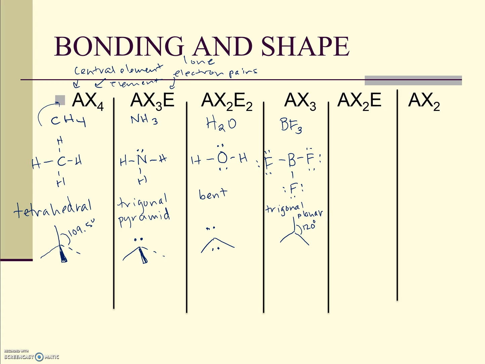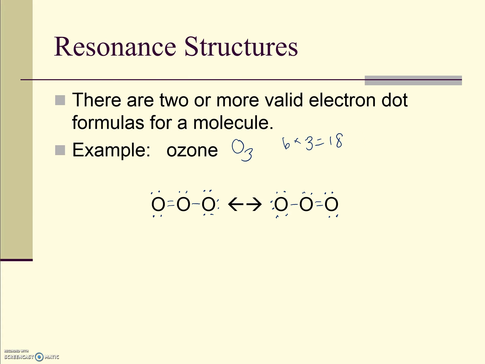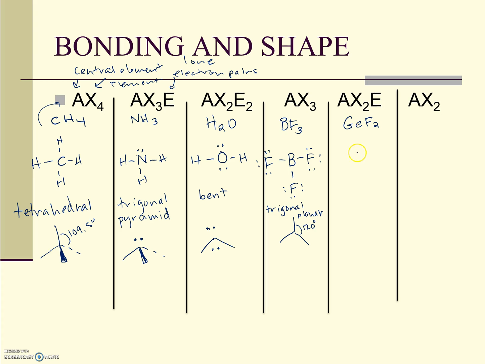And then, if we do have something where there is a pair of electrons, so we're looking at something like GeF2, and again, this one isn't going to follow the octet rule perfectly, but we'll have Ge, which is group 4.